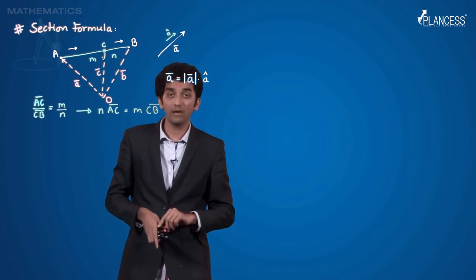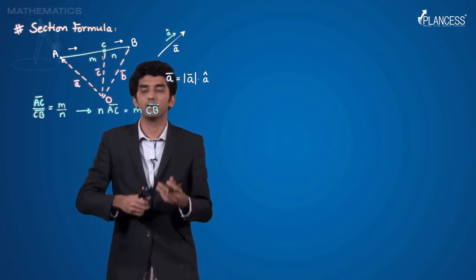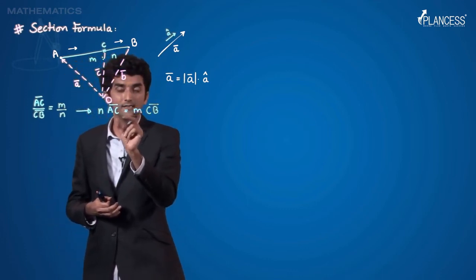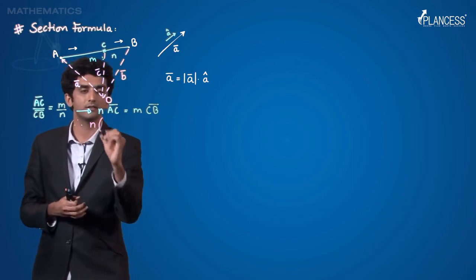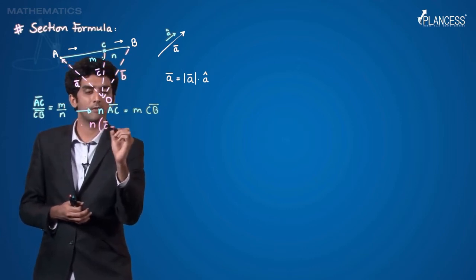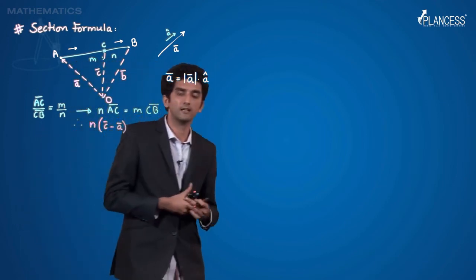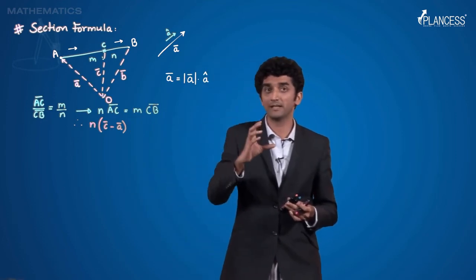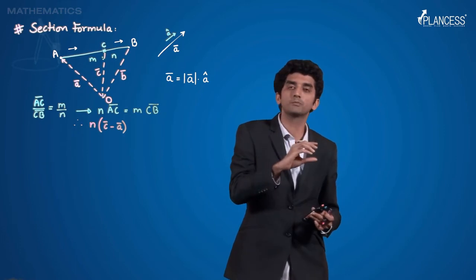Now we will use the concept that we have recently learned about position vector. Using position vector in vectors like this, AC bar can now be written as n times small c bar minus small a bar. Can we write this? Yes, we have learned this a slide back, in fact, where PQ bar, capital P, capital Q bar, can be written as small q bar minus small p bar.